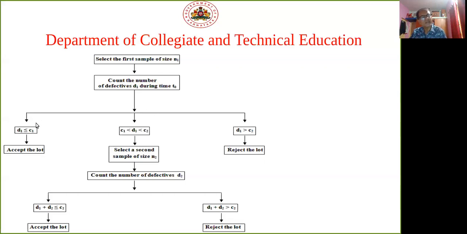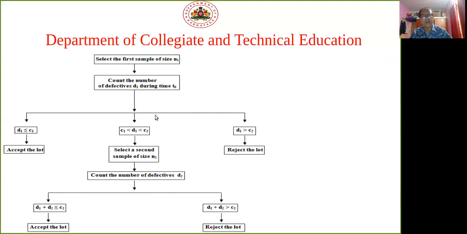Now compare D1 with C2, the acceptance number of the second sample. If D1 is greater than C2, then reject the lot.